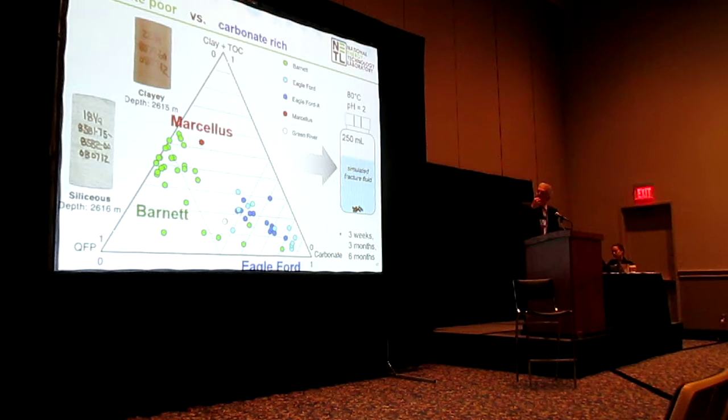So here we have a diagram showing the various rock chemistries that we've studied. Marcellus is shown in the red, and I'd point that out if I had a pointer, but you can see it there on the left-hand side of the triangle. To the right is carbonate-rich Eagle Ford.